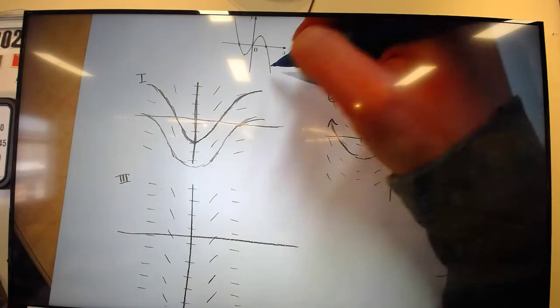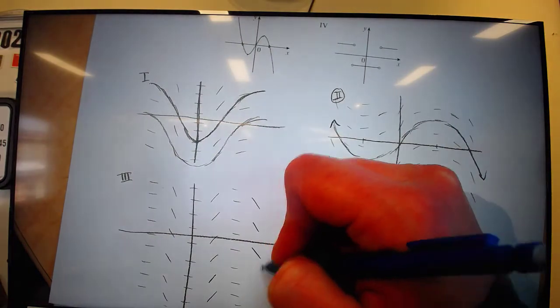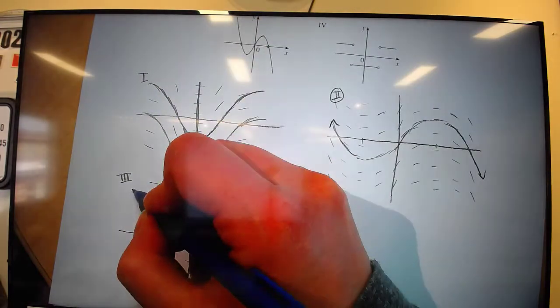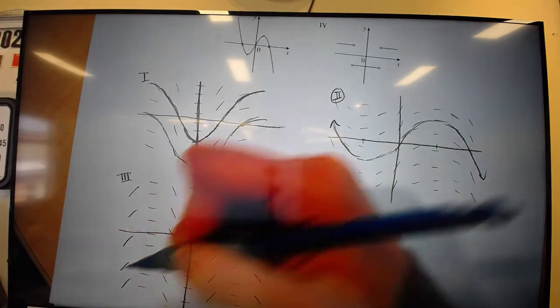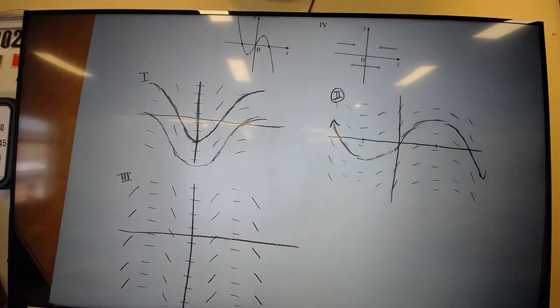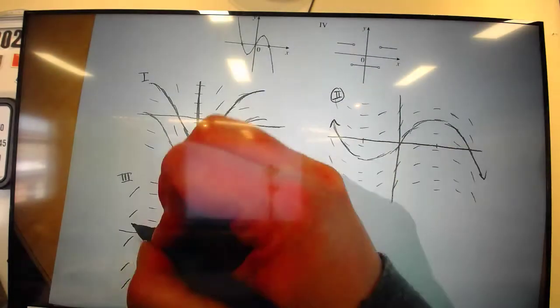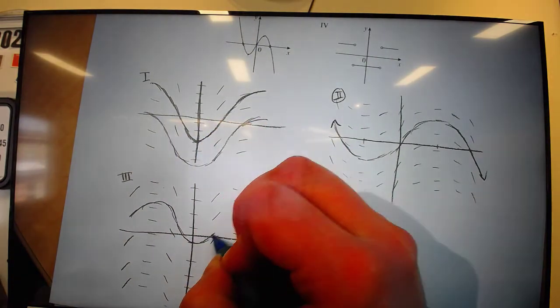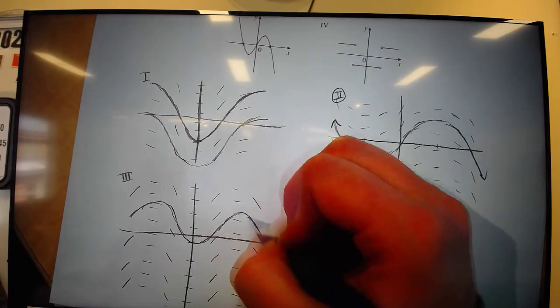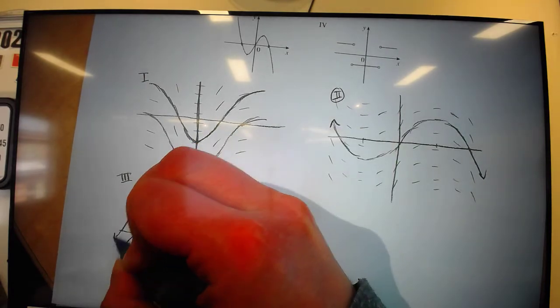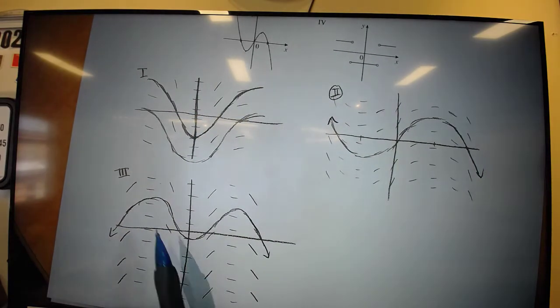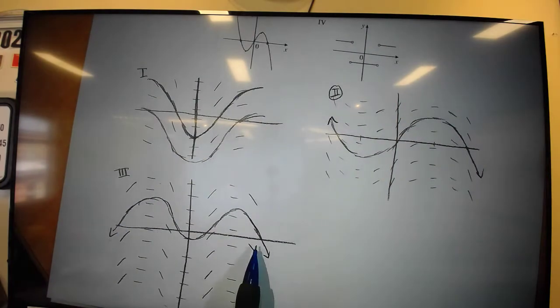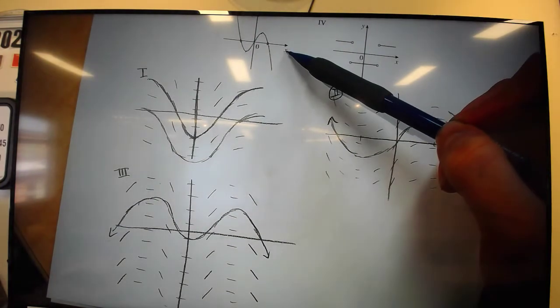And then here we've got negatives, here we've got positives. So then again, we can draw a picture of this graph, something like that. We know that if we have a degree 4 function, then its derivative is degree 3.